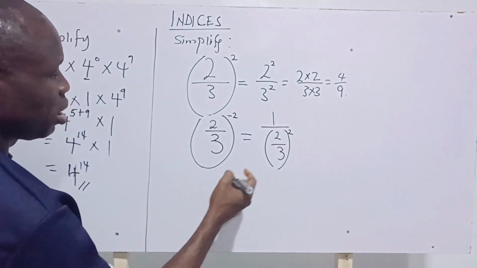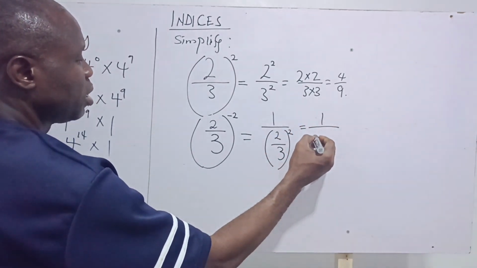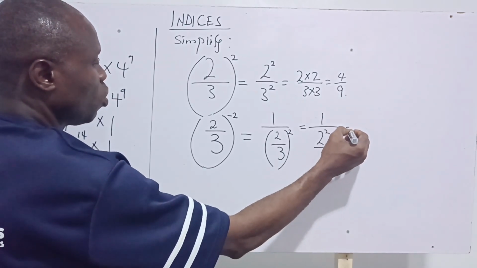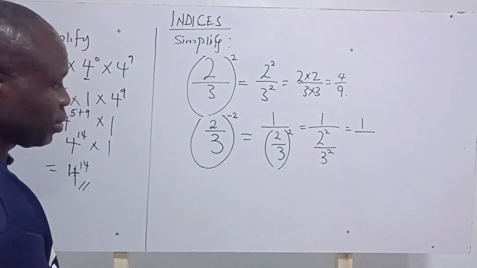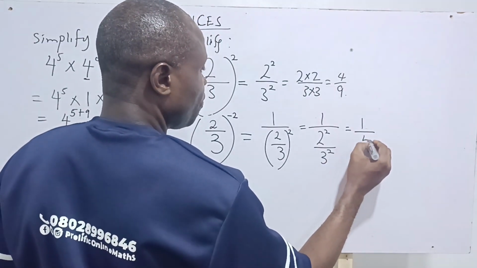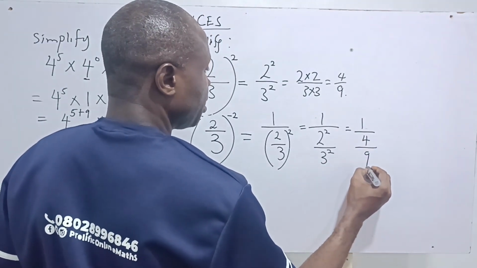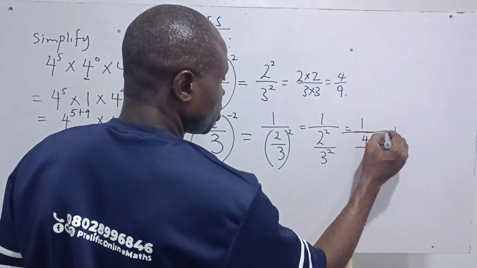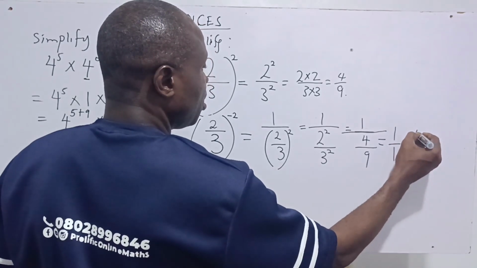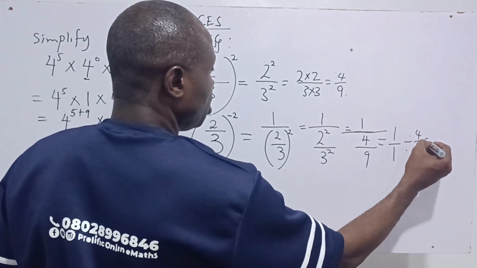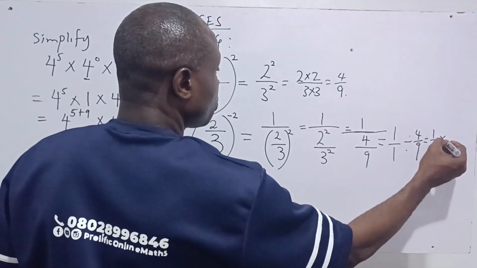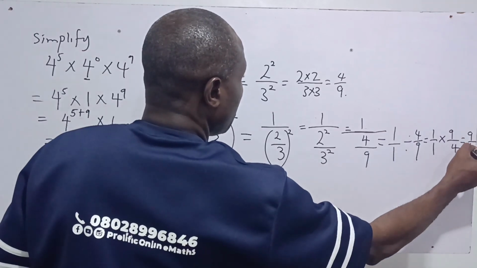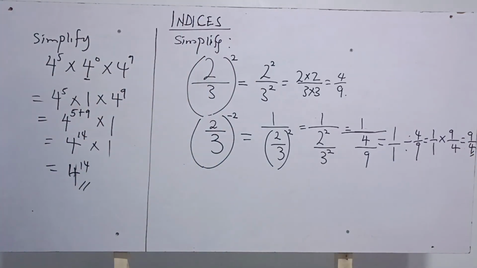This is written as 1 over 2 raised to power 2 over 3 raised to power 2, which is equal to 1 over 4 over 9. Then you separate the fraction: 1 over 1 divided by 4 over 9, which gives 1 over 1 multiplied by 9 over 4. Your answer will then equal 9 over 4. You can leave your answer like that.